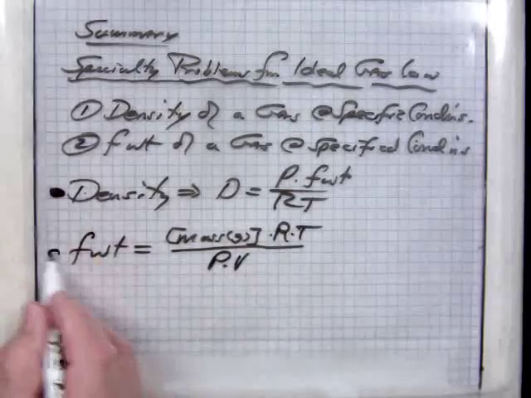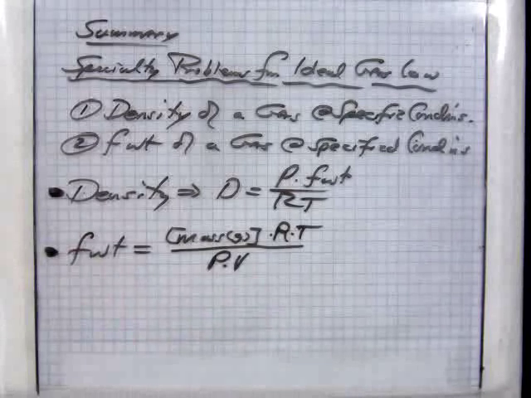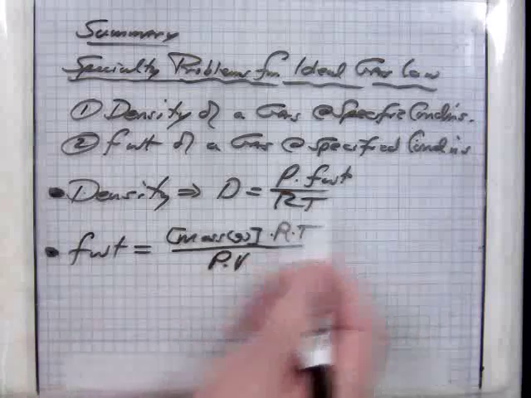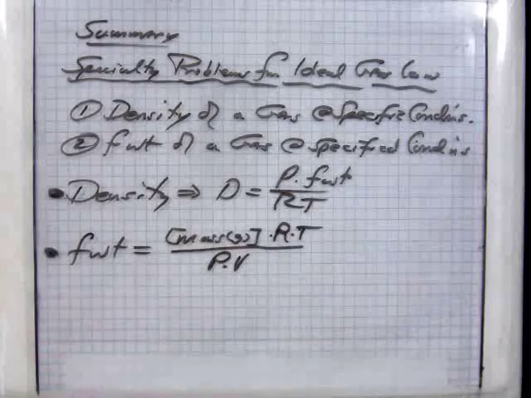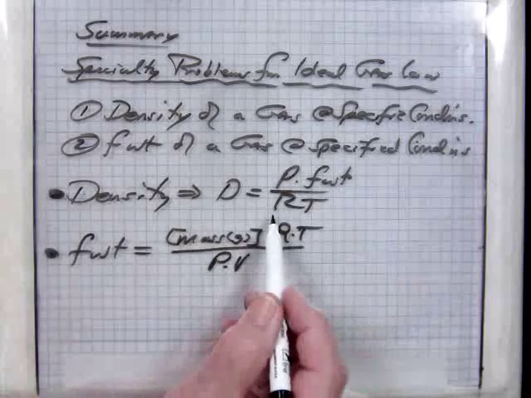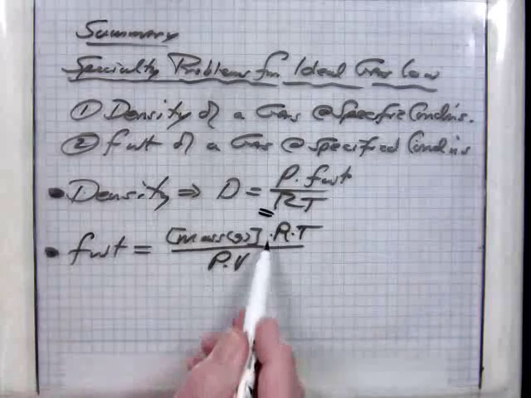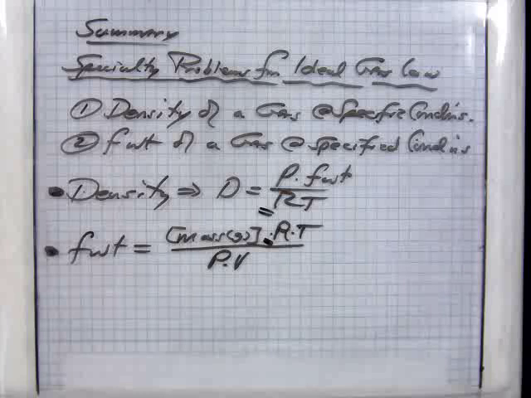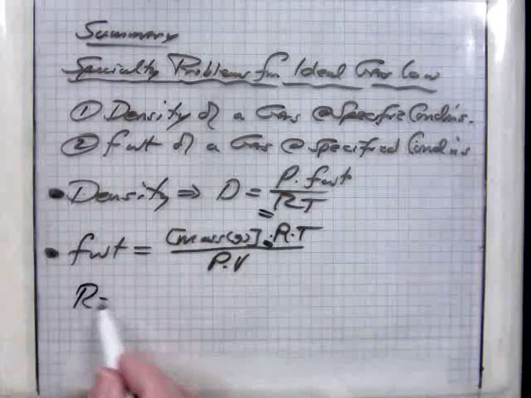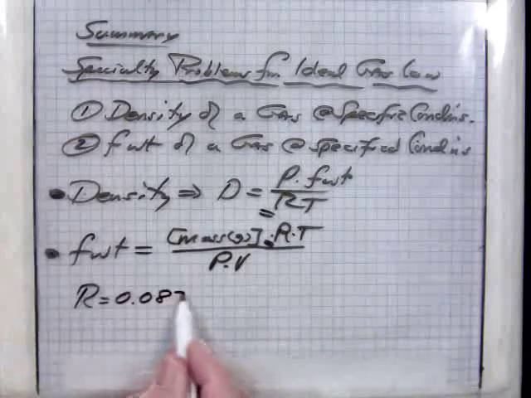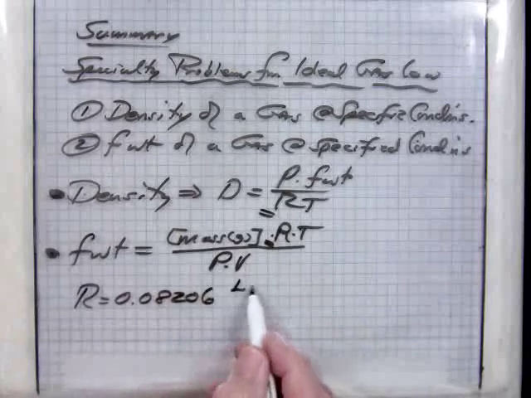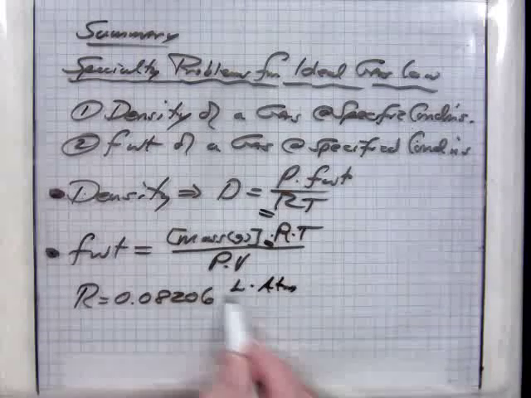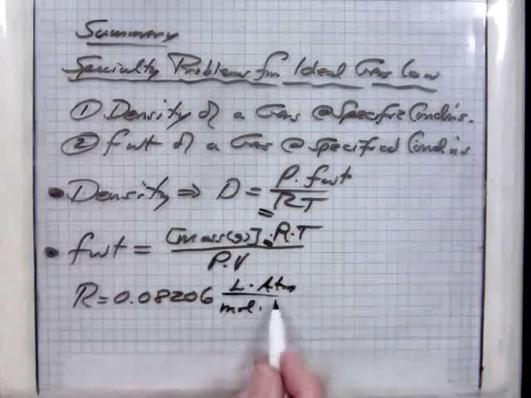Now, these are gimmies, literally, because I give one of each on exam day, and all you have to do is essentially remember the formulas, plug and chug. The only issue is be sure to make your conversions of units to match that of the R value: liter atmospheres over mole Kelvin.